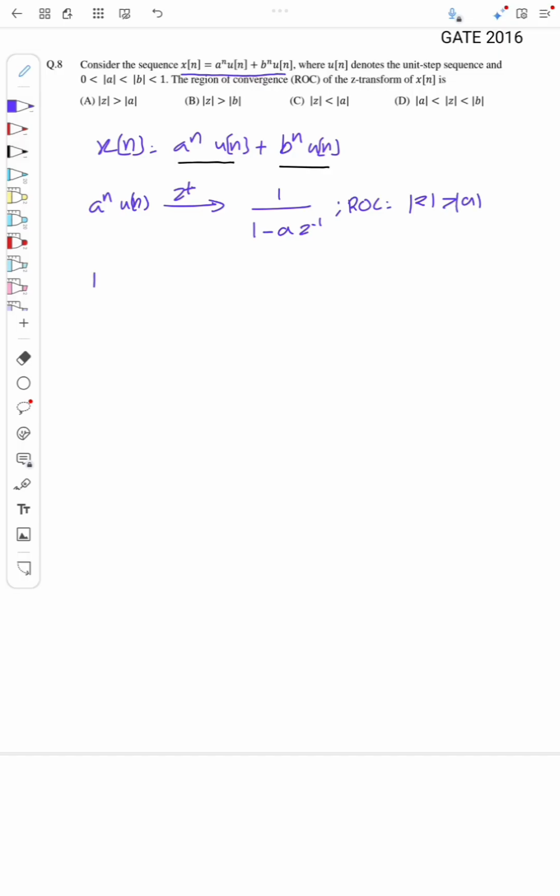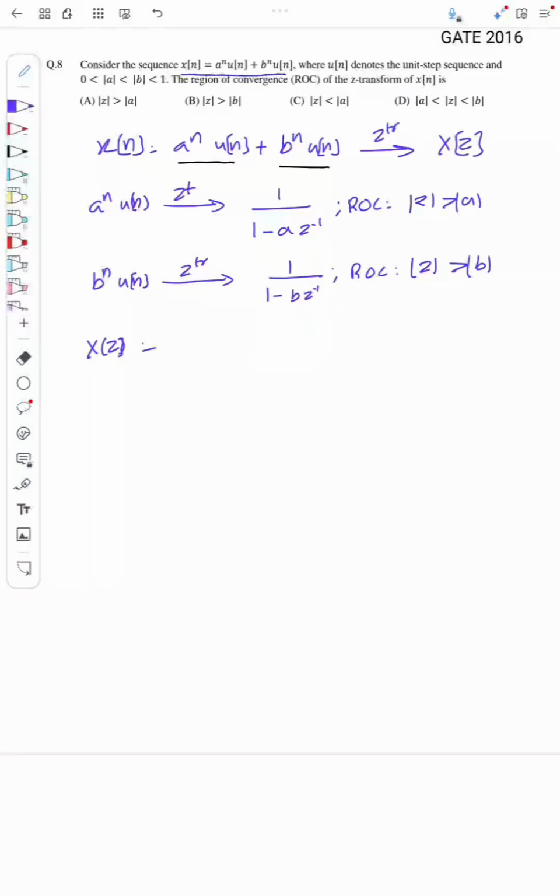And similarly, the second term, b power n u of n, the z transform is 1 by 1 minus b z inverse, whose ROC is mod z greater than mod b, right? So X of z, which corresponds to the z transform of x of n, is given as 1 by 1 minus a z inverse plus 1 by 1 minus b z inverse. And what is the ROC?